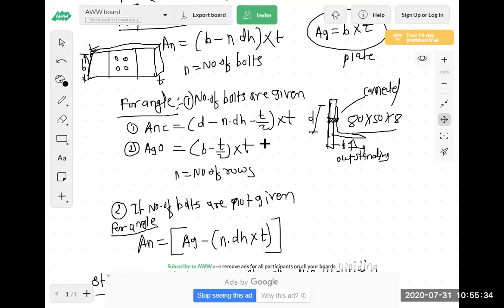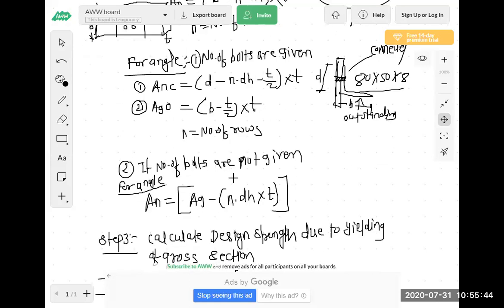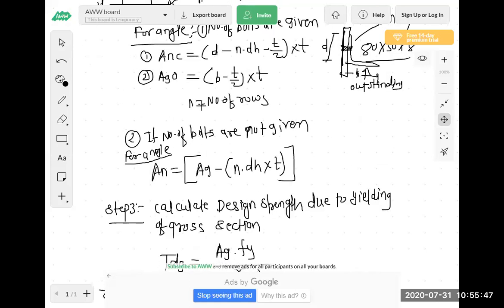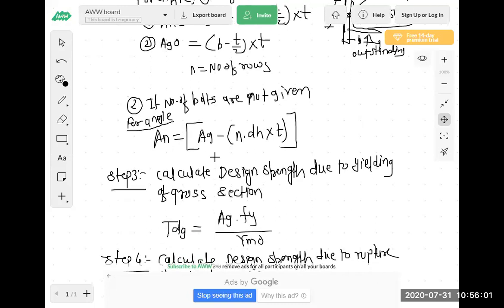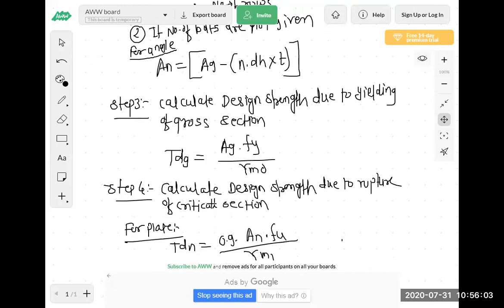When we are using the beta formula, if number of bolts are given in problem statement, then we use the beta formula. In the beta formula, ANC and AGO are there, that we have to calculate. And here n is the number of rows, not the number of bolts. And if we have to use the alpha formula, then we have to calculate An. So step number 2 is the net area.